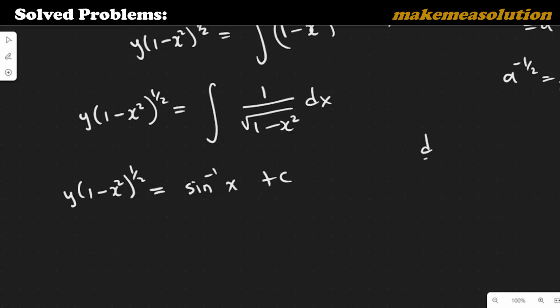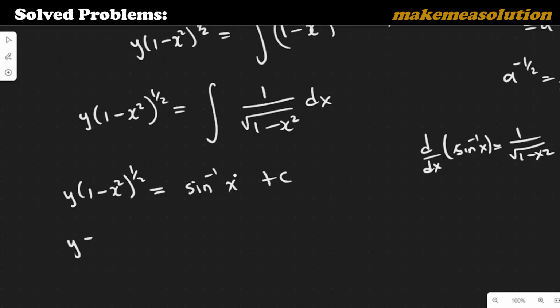Now you have to remember that when you differentiate sine inverse of x, you're going to get 1 over the square root of 1 minus x squared. So remember this standard integration or differentiation, so that whenever you're integrating 1 over the square root of 1 minus x squared, you get sine inverse of x. So this is what we have for c.